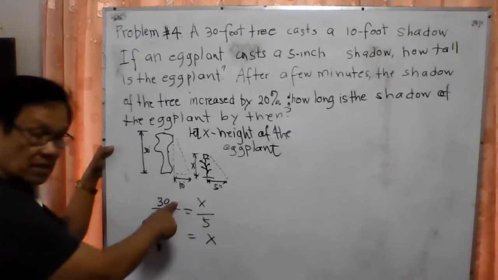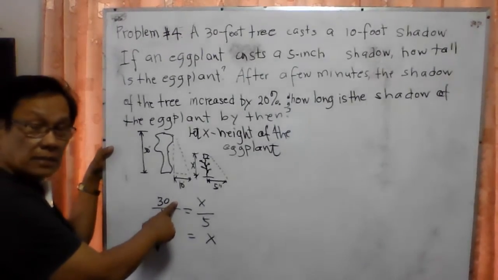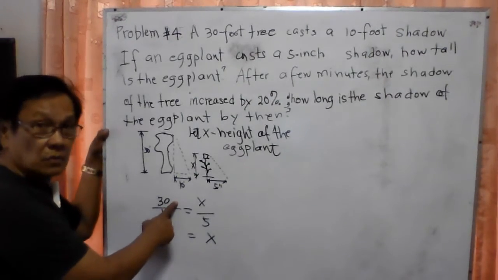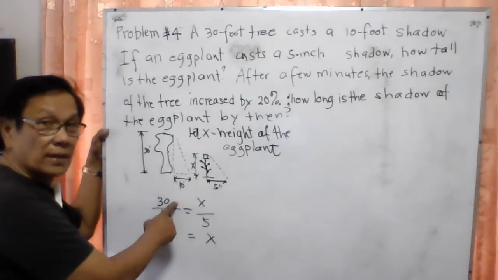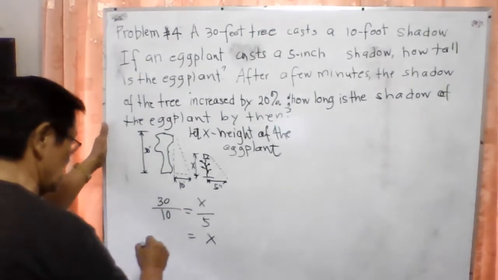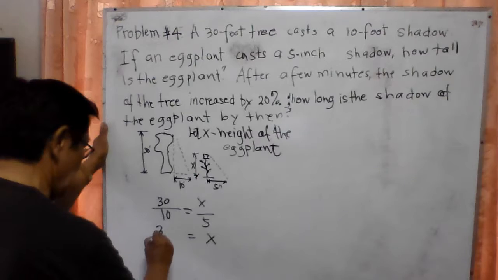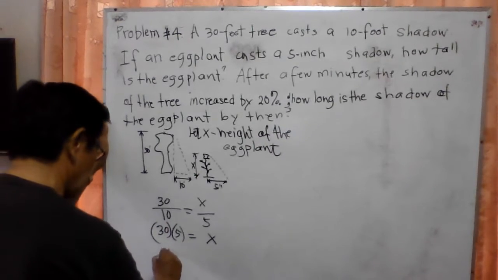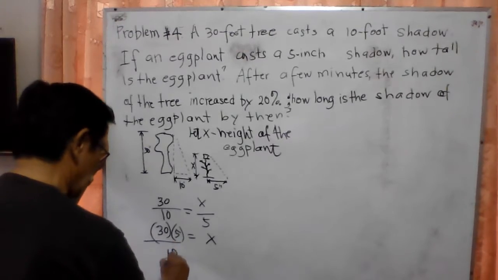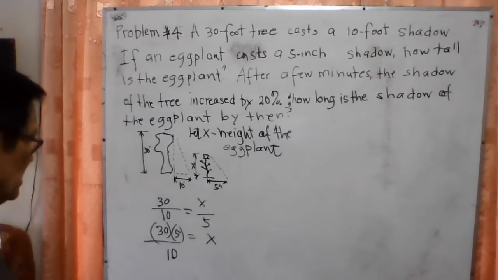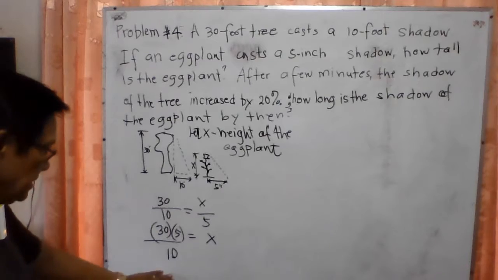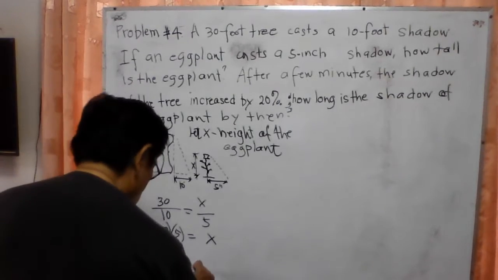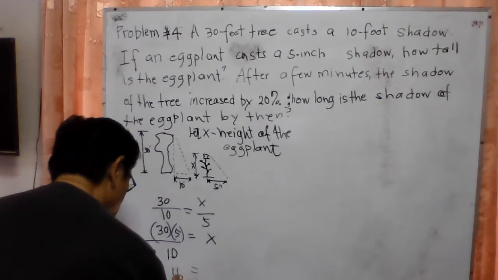For the explanation on how that happens, please refer to problem number 1. I have explained it in much detail. So 30 times 5 over 10. So that is 150 over 10. Therefore, X is 15 inches.